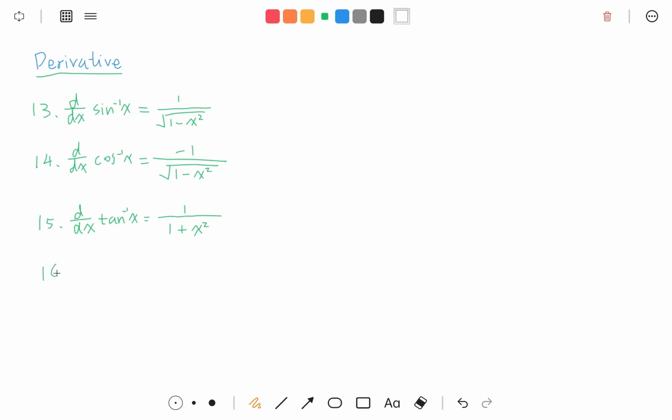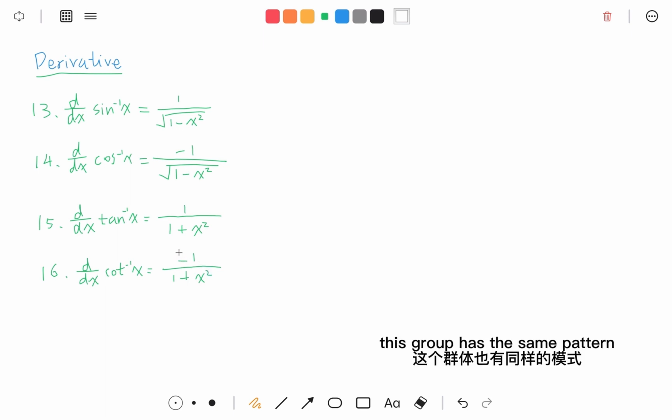And d/dx arccot x equals -1 over 1 plus x squared. This group has the same pattern. They are all the same, however one is negative.